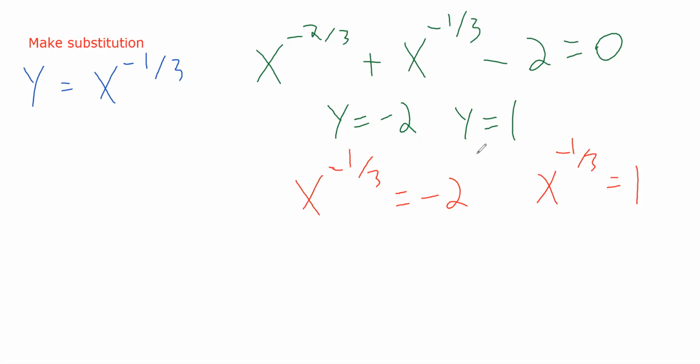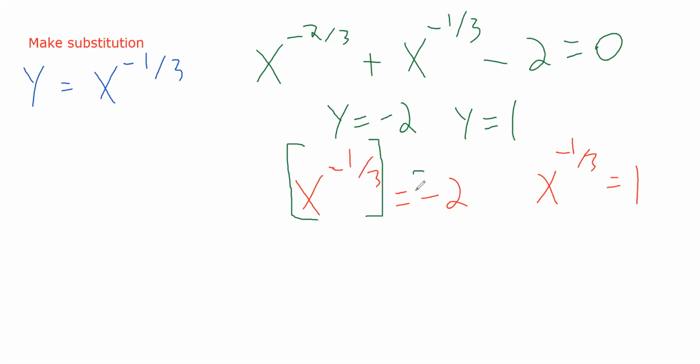There's a couple things we can do. The first possibility, we need to deal with the negative power. We can actually raise both sides to whatever power we need in order to get x. So, let's think.